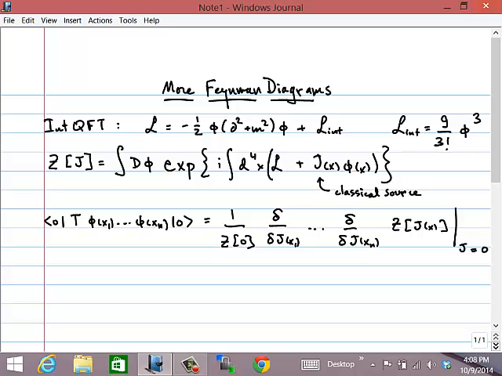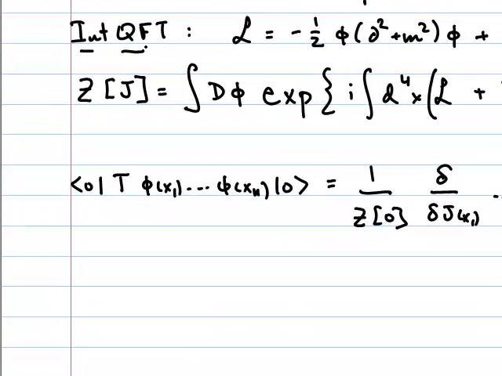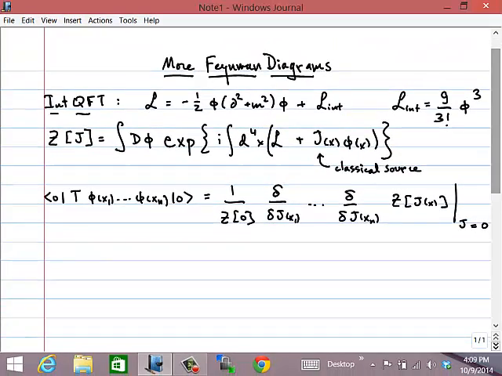And so the goal then is to develop a systematic way of computing this generating function. And the idea is very simple. The idea is that we know exactly what z looks like when we have a free theory. And so we just expand around that free theory.